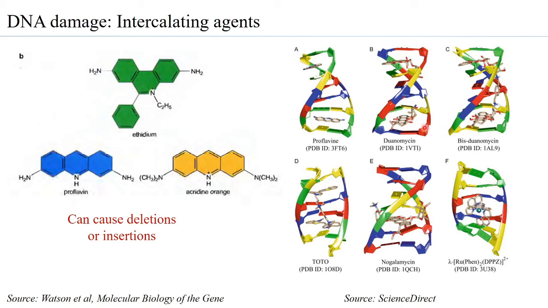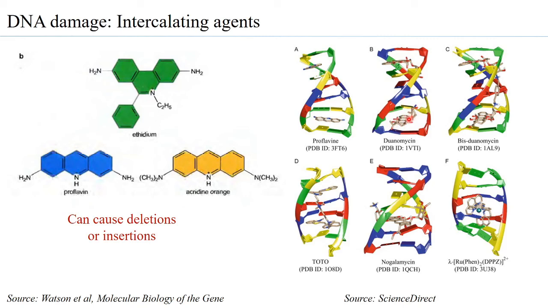So suppose you have an intercalating agent present in the DNA, and this portion of the DNA unwinds to two strands, you still have this intercalating agent present. So when the DNA polymerase is synthesizing the new DNA and it comes to the intercalating agent, it does not know what nucleotide to add for this intercalating agent. So there are two possibilities.